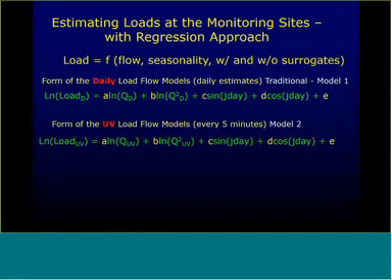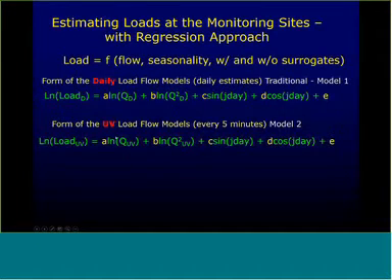The second model we're using is very similar to the first one, but instead of using the daily flows, what we're using is 5-minute flows or 15-minute flows, depending on what was being collected at the site. But for the most part, we're going to extrapolate down to 5 minutes anyhow. So we're using very short-term flows in our relationship.